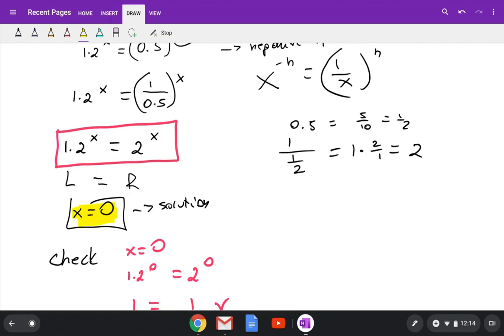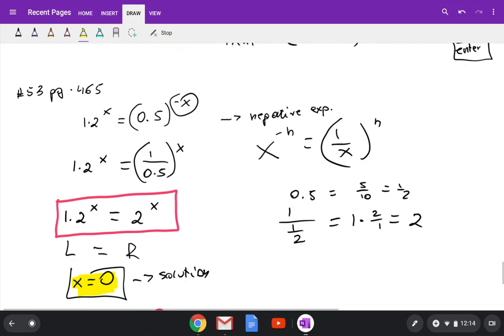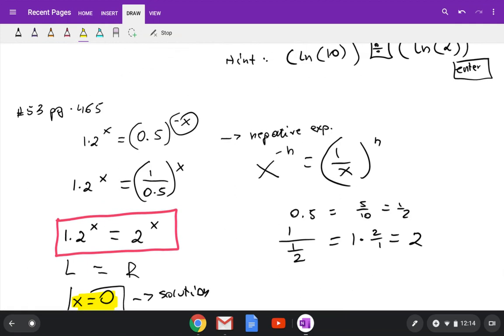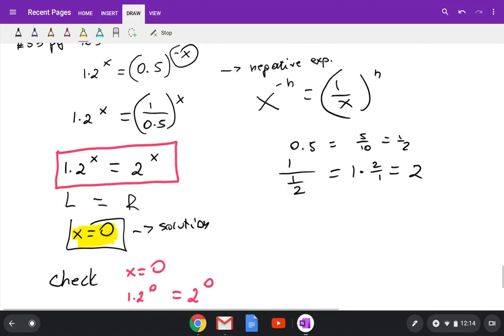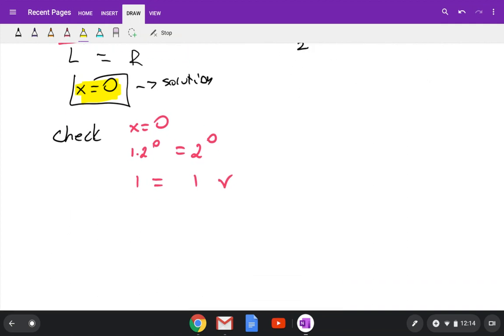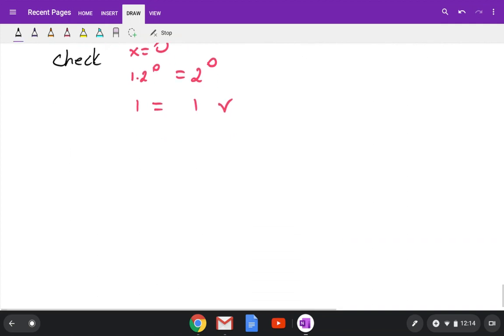Okay, and I want to go back to, which problem was that? 53. I want to go back a little bit and solve number 50 from the same page. Logarithmic equations and exponential equations are a little different.